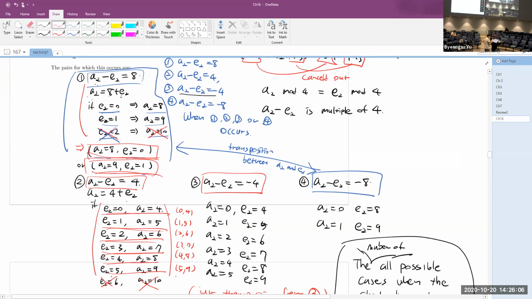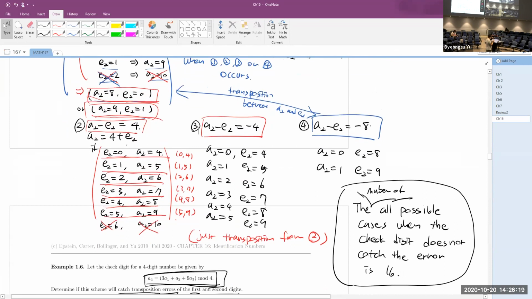In the case of 1 and 2, we have 8 cases. And in the case of 3 and 4, it is nothing but the transposition of the case of 1 and 2, so we have another 8 cases. That's why we have 16 cases.